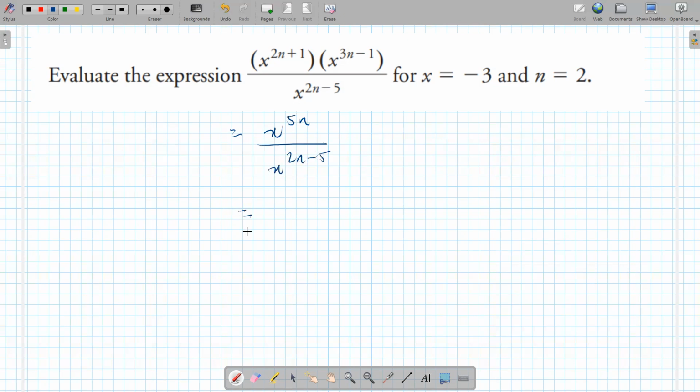Now they're being divided. You subtract the exponents. Okay, so what will that give you if you subtract them? Be careful here.